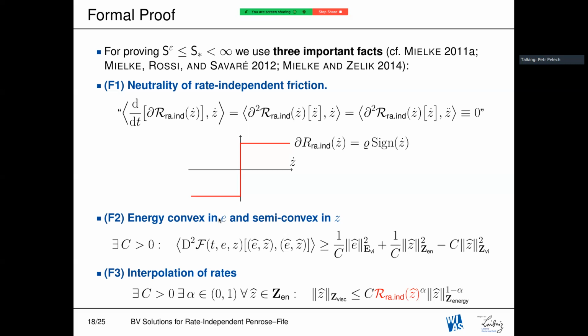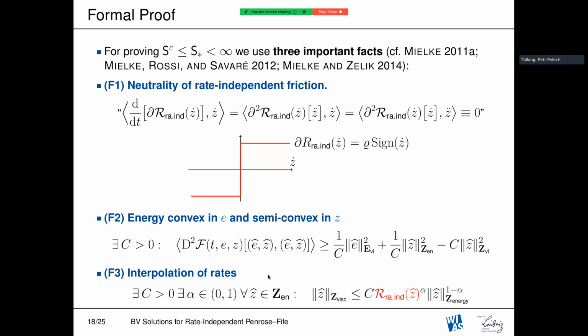Tilting a convex potential doesn't move the solution so much if it's highly convex. But if it's almost flat, then the solution changes a lot. But with convexity, it's good, and for Z, because we have this rate independent bound, just semi-convexity is enough. So this is what we need, at least in the viscous space, to have some bound. And this is due to semi-convexity. We can afford in the weaker norm, in the L2 norm, some defect.